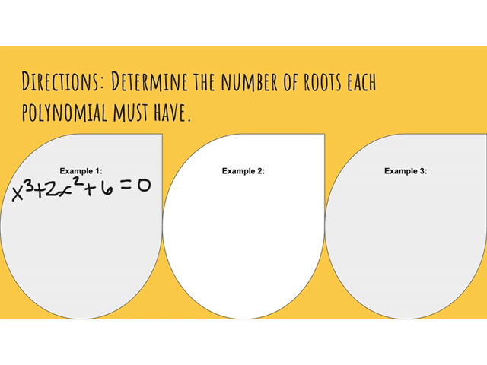The other one I want you to tell me is 4x to the fourth minus 3x cubed plus 5x minus 6 equals 0. And then our last one is negative 2x to the 5th power, minus 3x squared plus 8 equals 0.